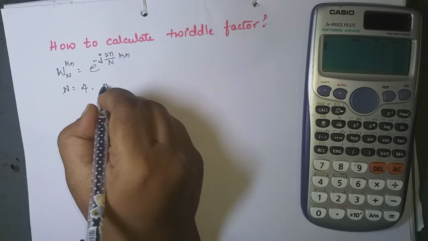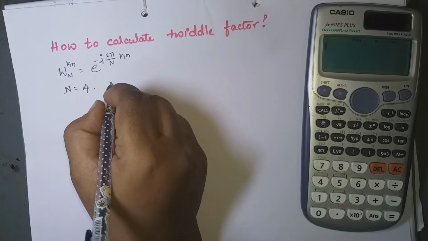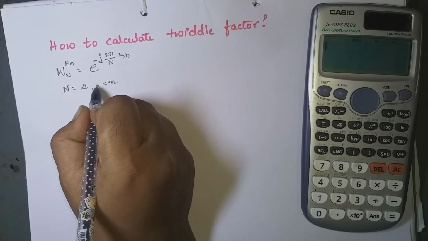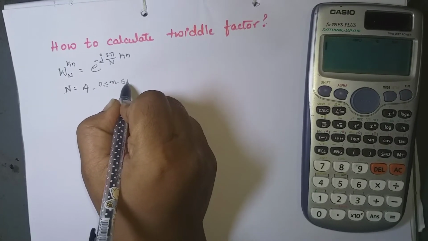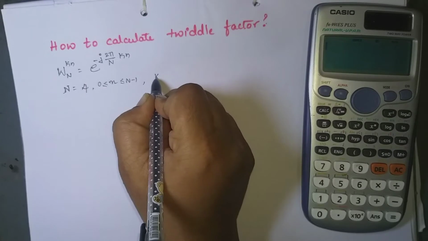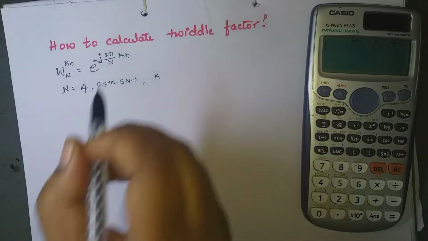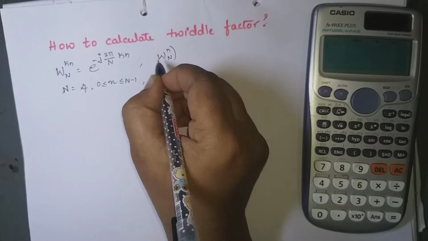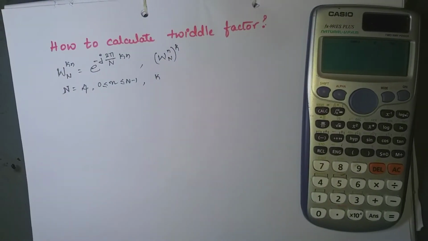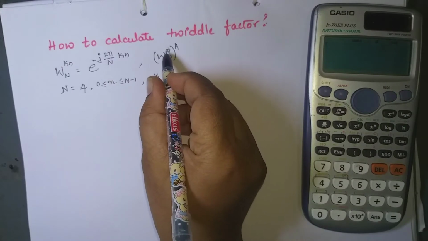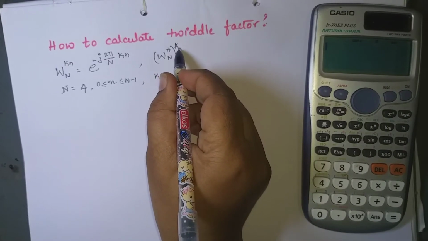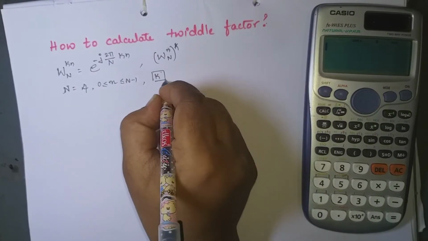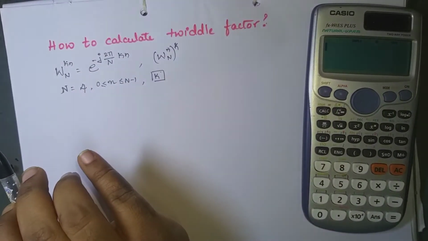If N equal to 4, I can vary the value of small n from 0 to N minus 1, and I'll retain k as a constant. Now what I need to calculate is W_N^{nk}. Okay, so only this part I'm going to calculate. This k we will substitute in the problem. So k I'm not substituting here, the only thing is I'm calculating n.